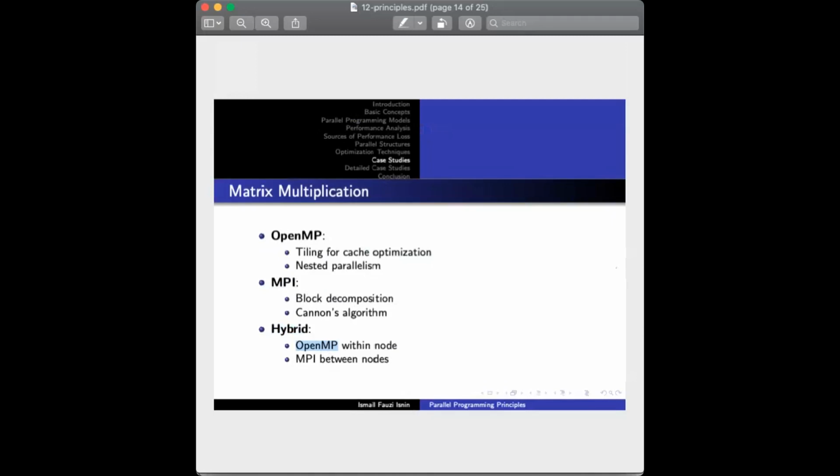And then use OpenMP within each server to compute the sub-matrices concurrently across local CPU cores. All right? Or nodes, same thing. Some we say node, some we refer to core.